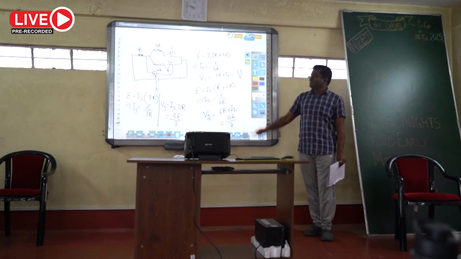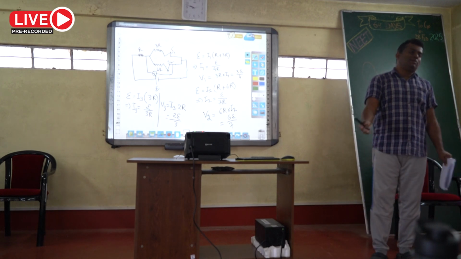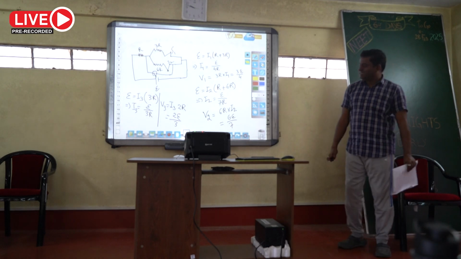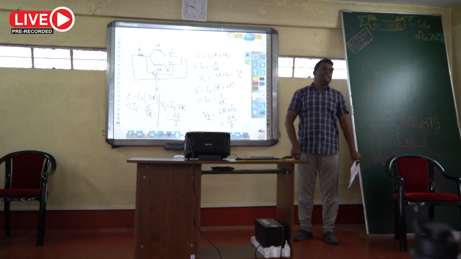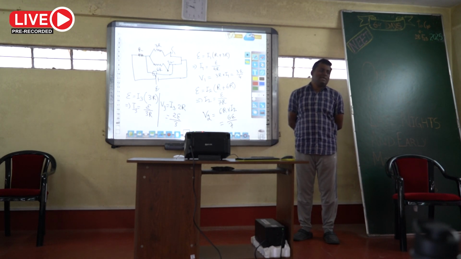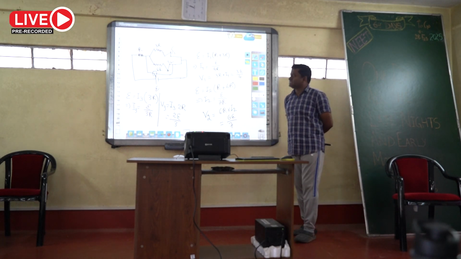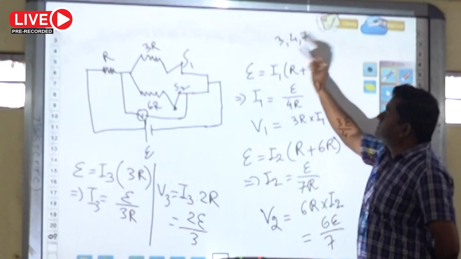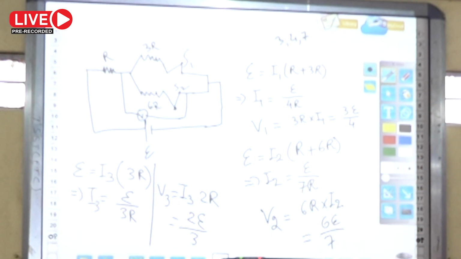Take their LCM, multiply so that the denominators are equal, and then compare. What is the LCM of 3, 4, 7? 84 is the LCM.